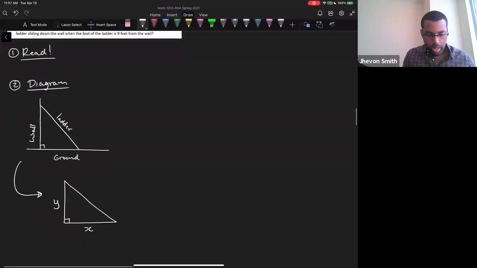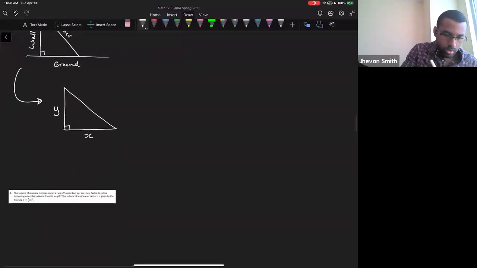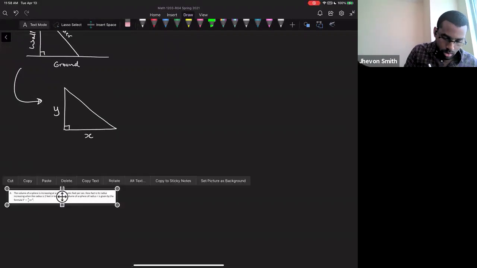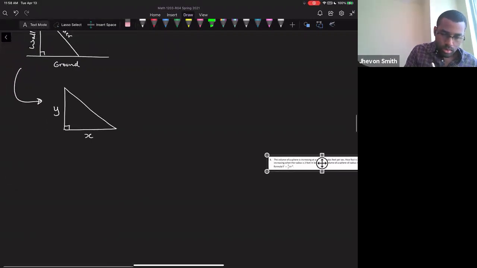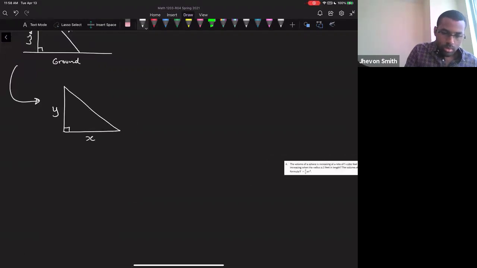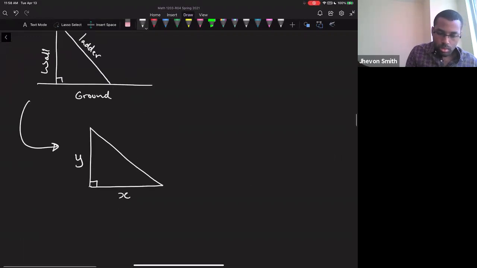What would you label the hypotenuse? Z. Do we agree?